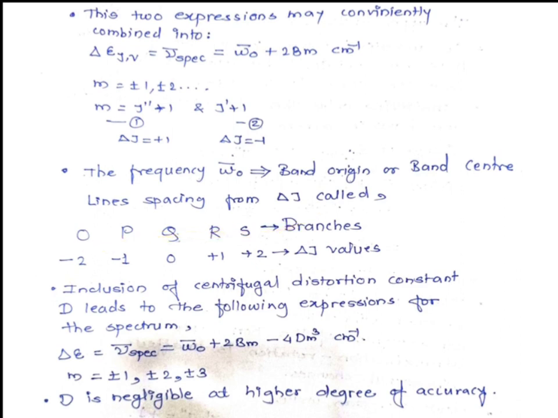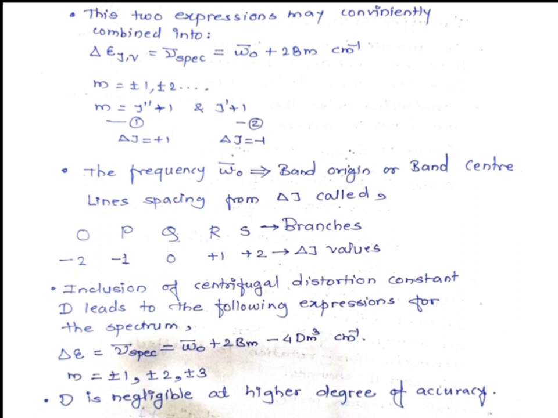So inclusion of the centrifugal distortion constant D leads to the following expressions for the spectrum. Delta E is equal to mu bar spectroscopic is equal to omega bar 0 plus twice Bm, this is taken as it is, minus Dm cube per centimeter.